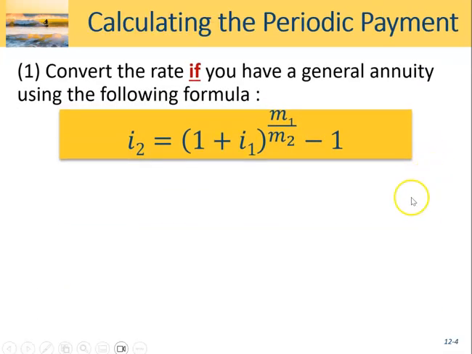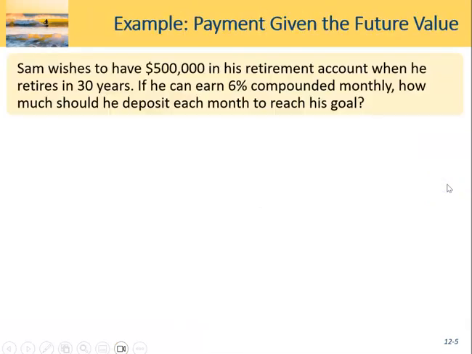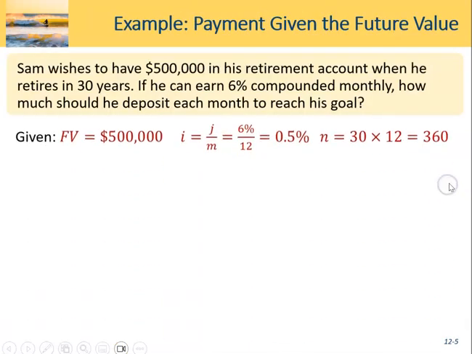So calculating a periodic payment. Again, they give you the formulas, but I would actually like you to use your financial calculator. But feel free, if you would like to use the actual mathematical formula, it's entirely up to you. Okay, so let's have a look.